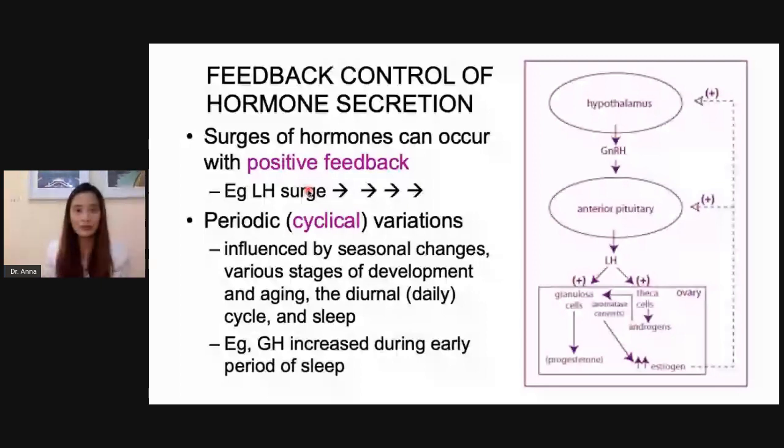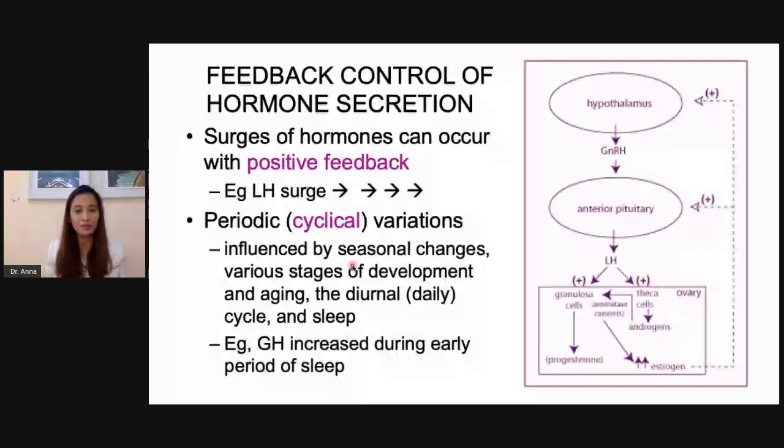Another feedback control of hormone secretion will be your periodic cyclical variation. So this can be influenced by seasonal changes, winter or summer or autumn.